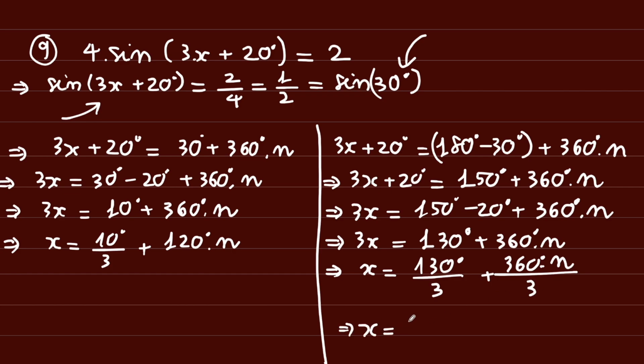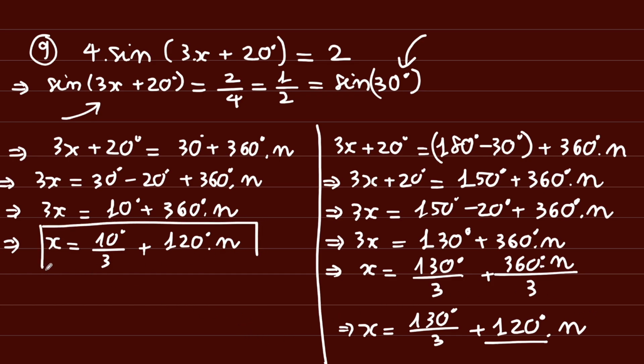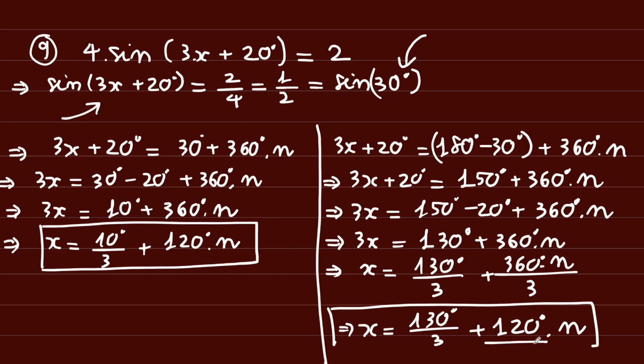Here is x. This is a little difficult writing the number, so I will keep the rational number for the first part, and for the second one is quite easy, 120 degree multiply n, because 360 divided by 3, you got this number. Okay, so two general solutions. The first one will be here, and the second one will be like this.